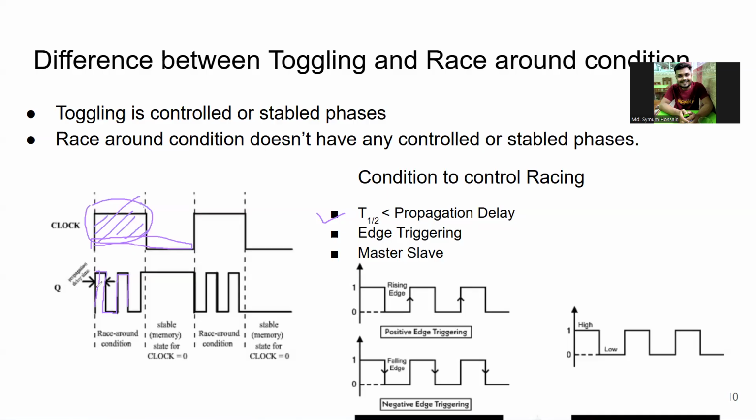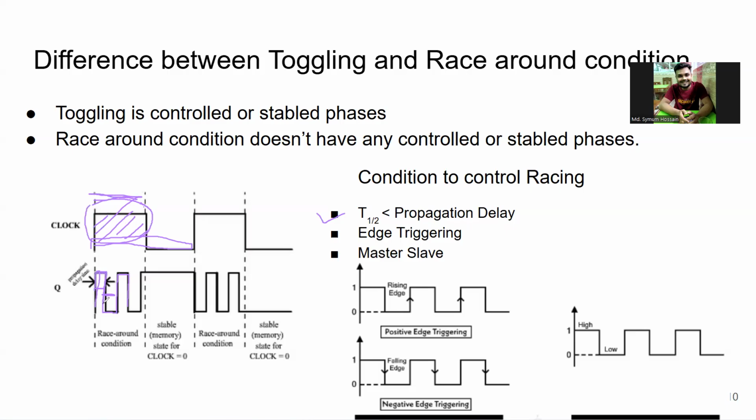So in between, after generating this one, the propagation delay means that to generate the next toggle, it will take some time. That is called the propagation time. So to generate this toggle, if the propagation time becomes higher than this t half, then the racing condition, which means that only this toggle will occur.